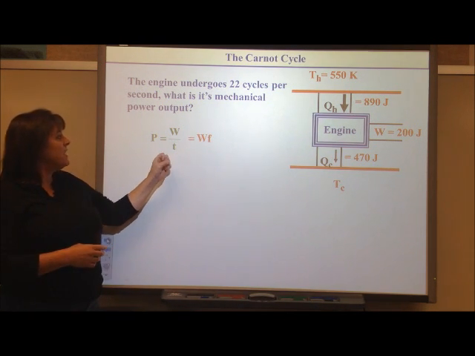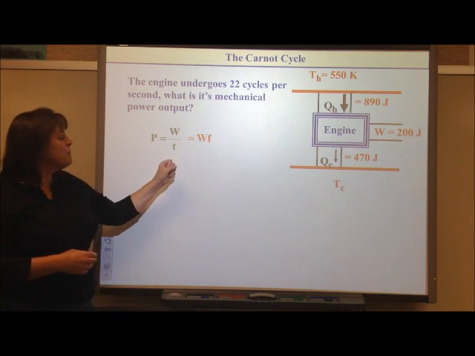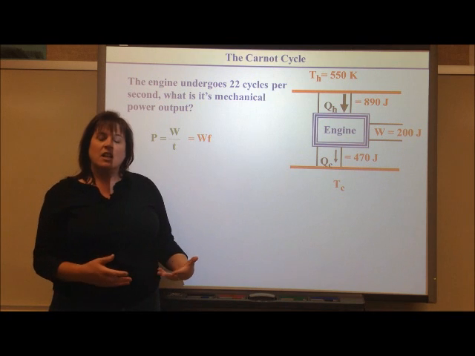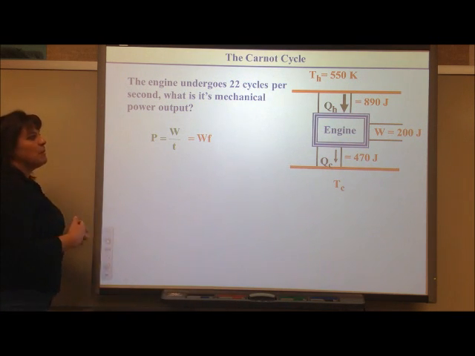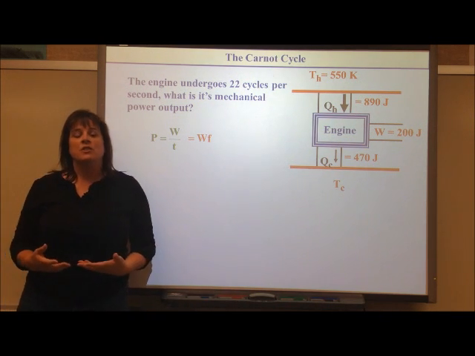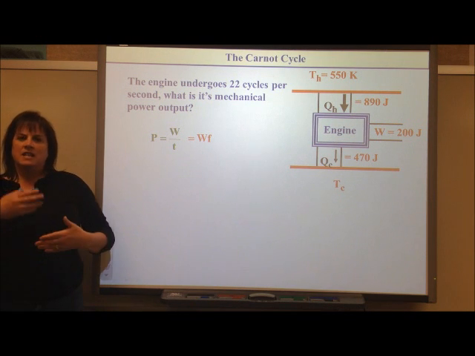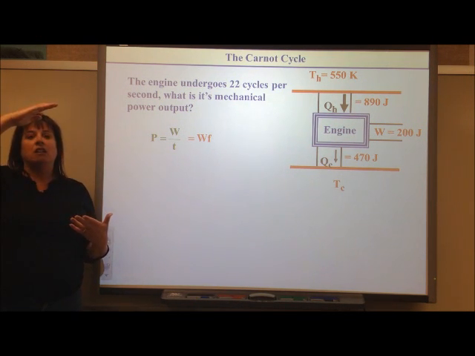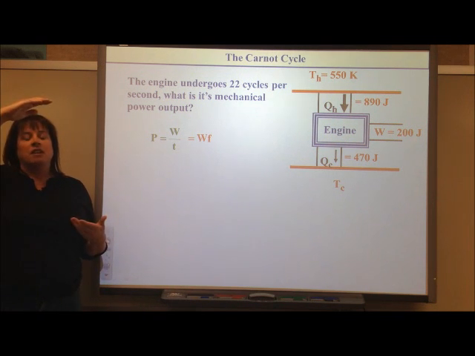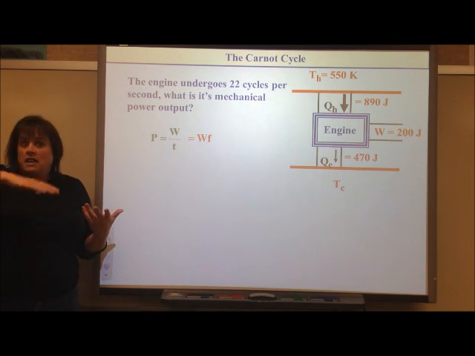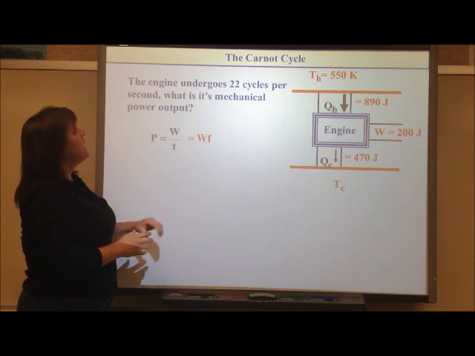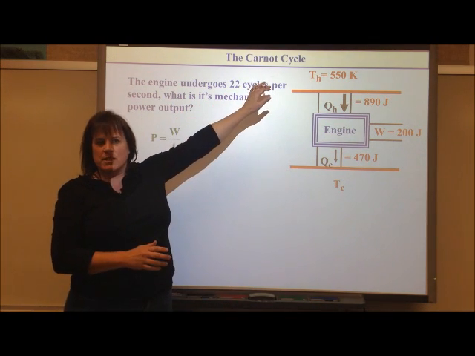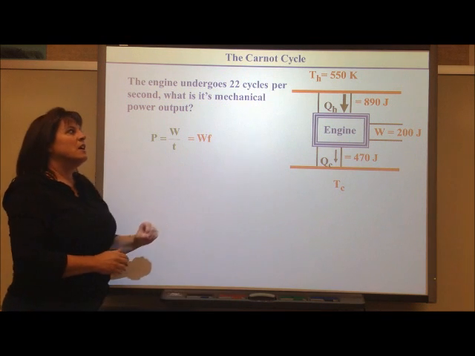Now, if we take the value of work and multiply by the frequency of the cycle, then we could get that. Remember that frequency is the inverse of period, and from a time standpoint, the time for one cycle would be like a period. So if I go through 22 cycles per second, that would be a frequency because it's the inverse of period.